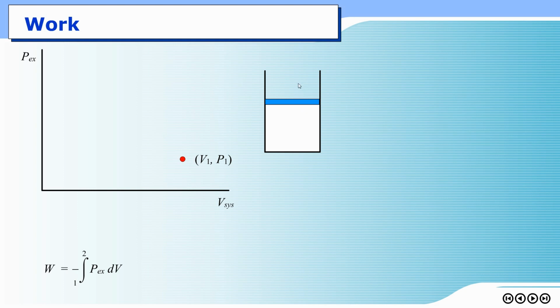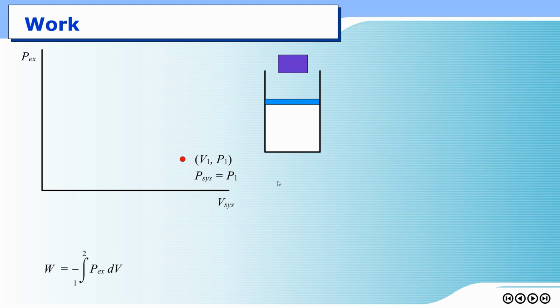Therefore the force up here and down here are equal and the pressure would be equal too, right? So let's say that the starting pressure is P1. P1 would be atmospheric pressure. And P of the system inside here is supposed to be equal to P1 too, right?